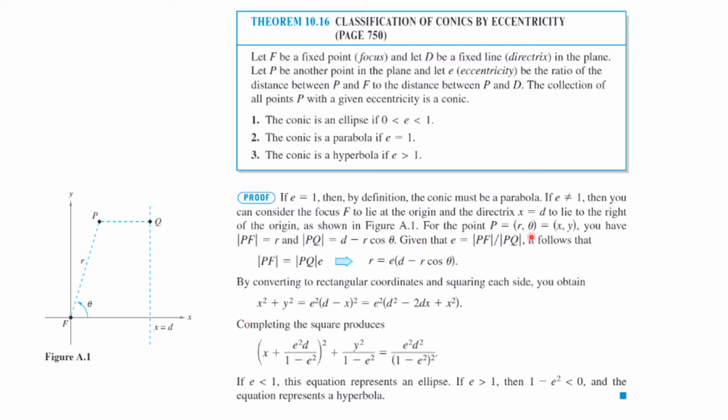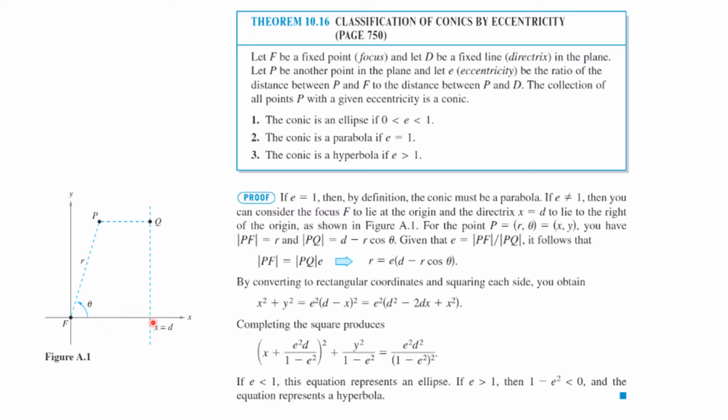Okay, so for the point P, which is (x, y) but which is also (r, theta), we know that the distance from F to P is r. And we know that the distance from P to Q, well, the distance from here to here is d, so the distance from P to Q is going to be, if I drop this perpendicular, r cosine theta.